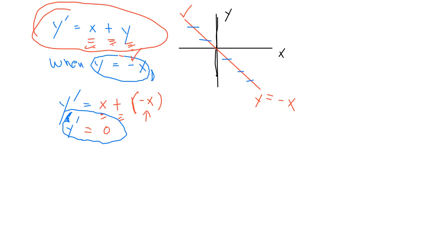Horizontal lines, right? Horizontal lines have a slope of 0. And so in the direction field along the line y equals negative x, this is what the tangent lines should look like. Okay.